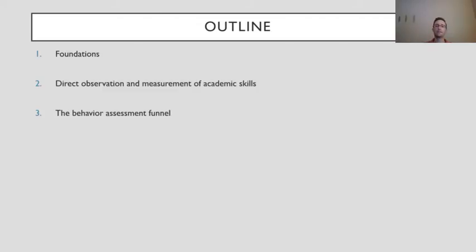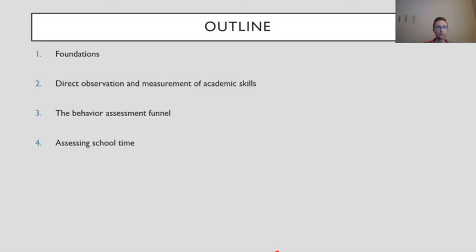The same is the case in a clinical setting, if you're working in a clinic or in home-based ABA programming. We only have so much time and resources. Okay, so one of the things that I think is going to be very useful from this unit in particular is to start to conceptualize the allocation of time and resources and assessment using a behavioral assessment funnel, a variation of the quasi-funnel.